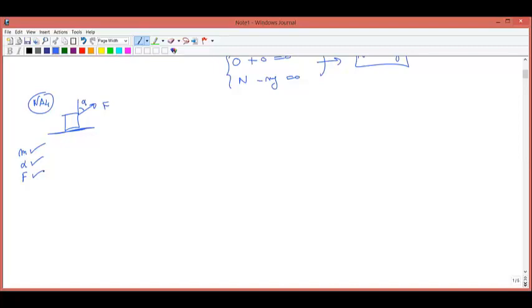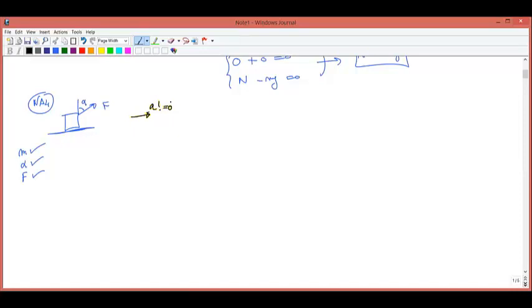So the first thing we're being told is that the system is being accelerated along the horizontal, obviously towards the right. That means the acceleration is right here and it's not zero. Based on this, which Newton's law do we have to use?